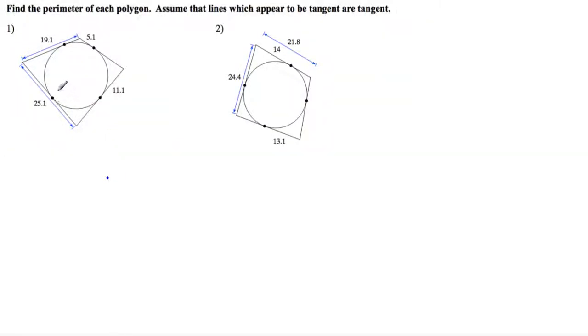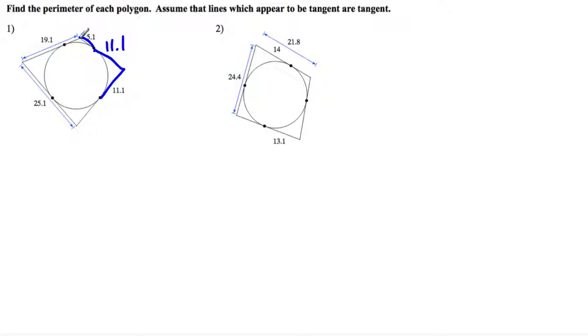Another application type problem we could have is finding the perimeter. Here we want to find the perimeter of these quadrilaterals around the circle, but we don't have all the distances. Remember, these are really just all tangent segments. Here I have this segment, which is 11.5, but I don't have this measure. Notice they're both tangents that intersect, and we have this point of tangency. So if this segment is 11.1, this must be 11.1.